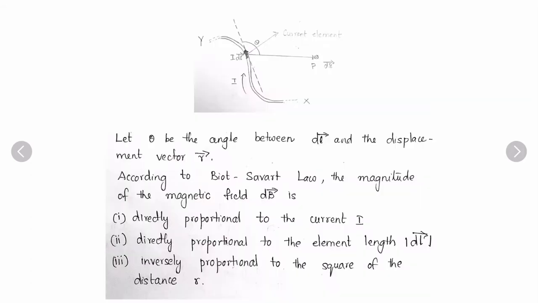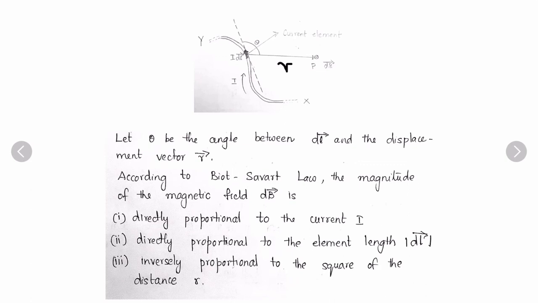Let theta be the angle between dl bar and the displacement vector r bar. This is the angle theta. r bar is the distance from the dl to the point P where we want to find the magnetic field.